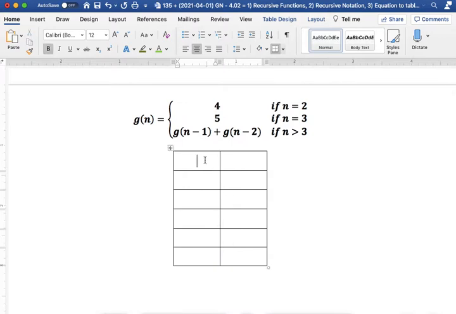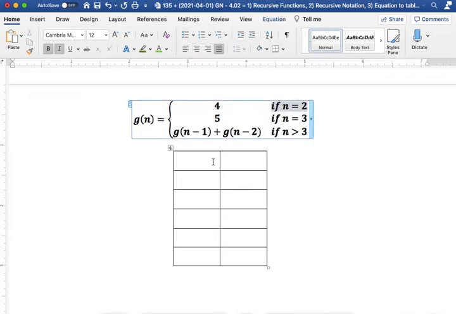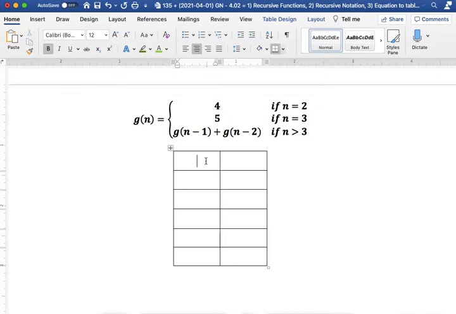All right, so notice that we don't have x's here. Instead of an x, they're using n's. But it basically functions exactly like an x. So instead of x, I'm going to put n there. And instead of f of x, I'm using g of n. But still, that's basically just your y.